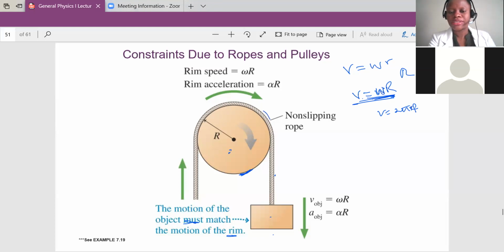When this completes one full revolution, it will give us 2 pi R, which is the circumference of a circle, over the change in time, T, which we converted to be f.